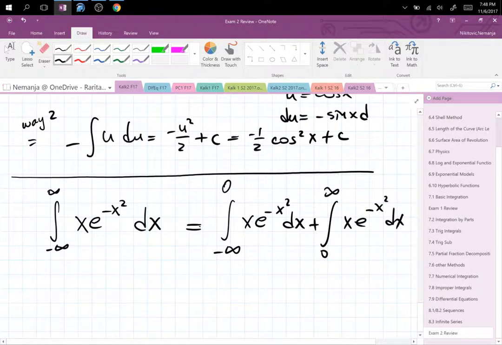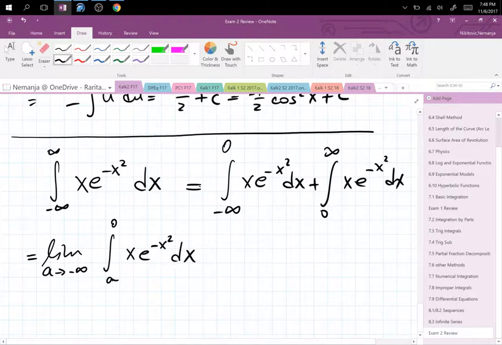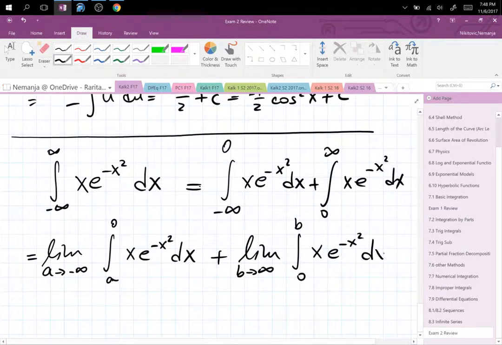We get two integrals, but the good thing is that the integral is the same. We will just have to deal with the different limits. You solve one integral and the second one has the same stuff. So the first one is the limit as a goes to negative infinity, a to 0, x e to the negative x squared dx, plus the limit as b goes to infinity, 0 to b, x e to the negative x squared dx.